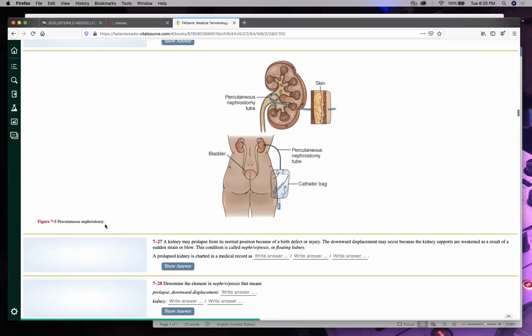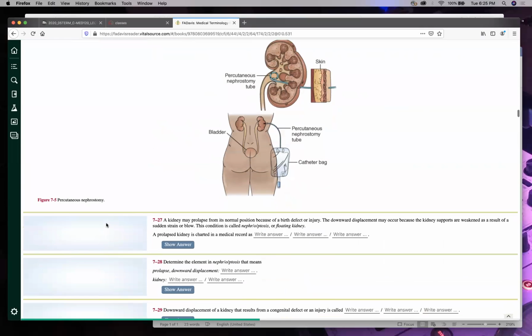Percutaneous nephrostomy. Stomy is the creation of an opening or a mouth. And percutaneous means per means through, cutaneous means your skin. So we put a tube through your skin that will help empty out the urine if, let's say, the bladder is non-functional or the ureters are blocked or damaged.